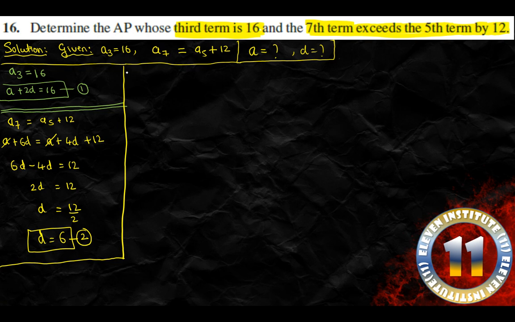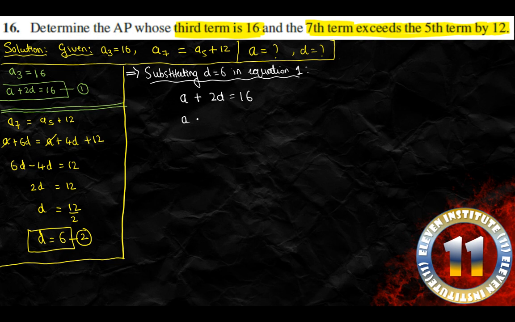So substituting D is equal to 6 in equation number 1. So we will write equation number 1 again, which is A plus 2D is equal to 16.